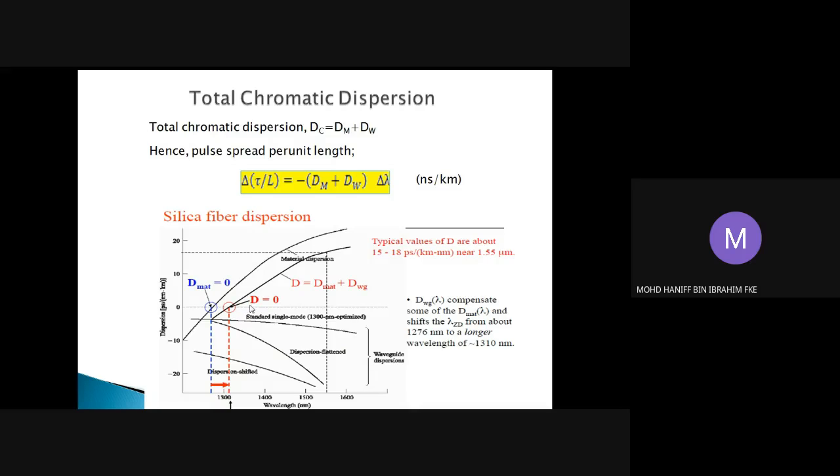By applying this method, we can also shift this dispersion value to 1550 nanometer. By using a dispersion shifted fiber, a special fiber, we can shift this zero dispersion wavelength to 1550 nanometer.